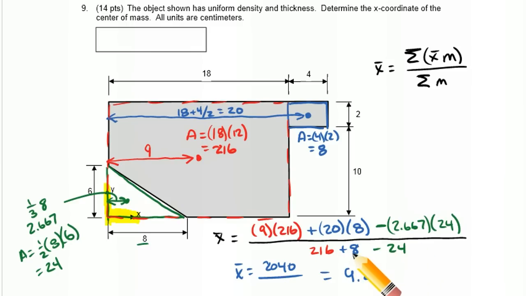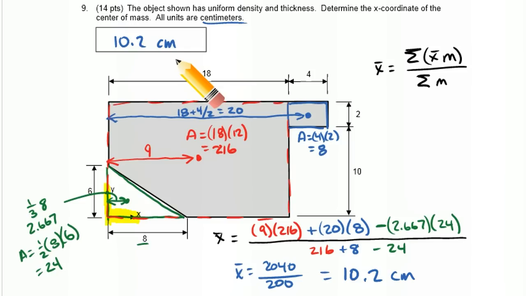It should have been 24. 216 plus 8 minus 24 is simply 200. And this number comes out to be 10.2. We're working consistently in units of centimeters. Don't forget the units.